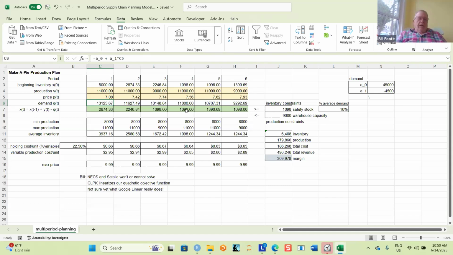We have holding costs per unit, pretty high actually. Where do these come from? Lots of work from Stefan's financial planning and analysis group. This is what we used to call management information systems, MIS.